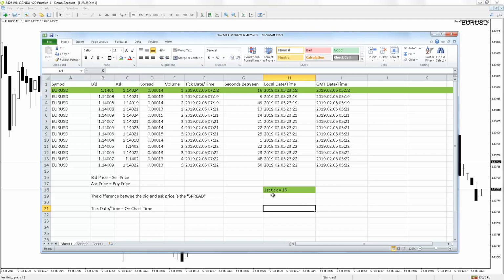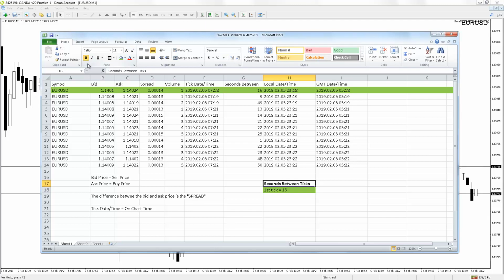And we're looking at seconds between ticks. I will highlight this as well, bold, center that.